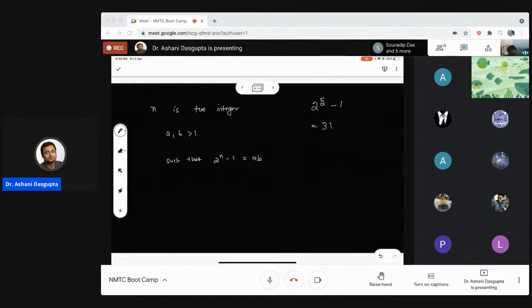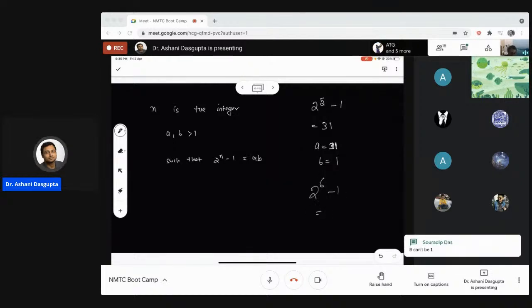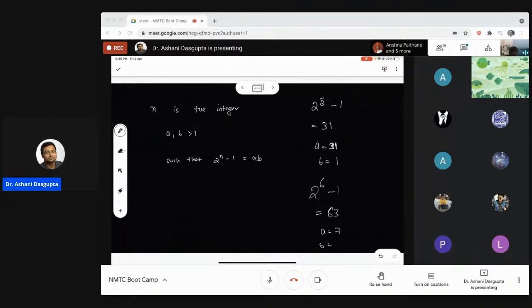So a could be 31, b could be 1. Okay, 2 to the power 6 minus 1, this is 63. So a could be 7, b could be 9, something like this.